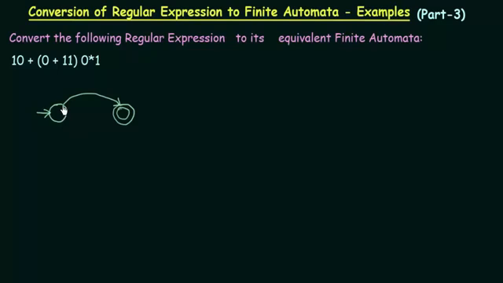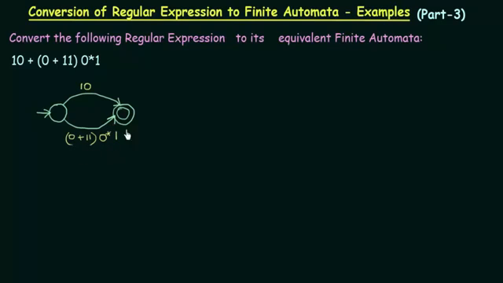So this will go to the next state on getting input 1 0, and this will also go to the next state on getting the input 0 plus 1 1 0 star 1. Since we are treating it as a single symbol, we write it like this.